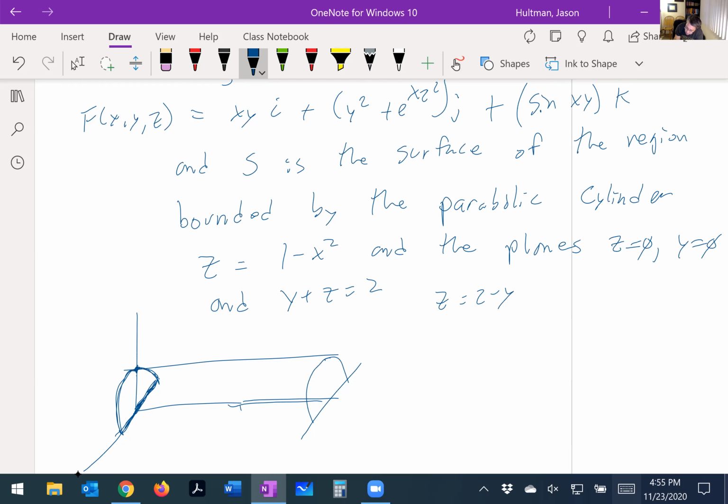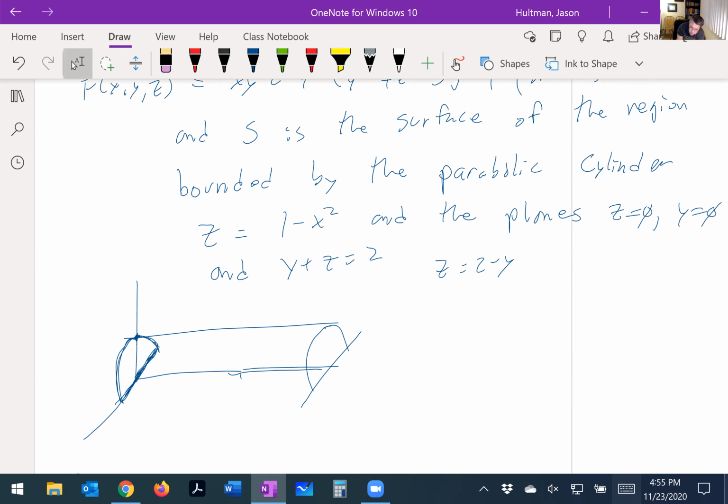When y is 0, z equals 2, and when z is 0, y equals 2. So it goes out infinitely in the x direction.